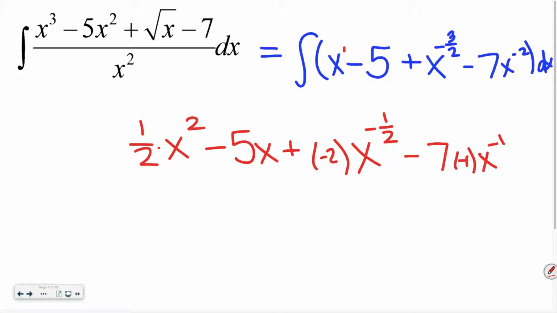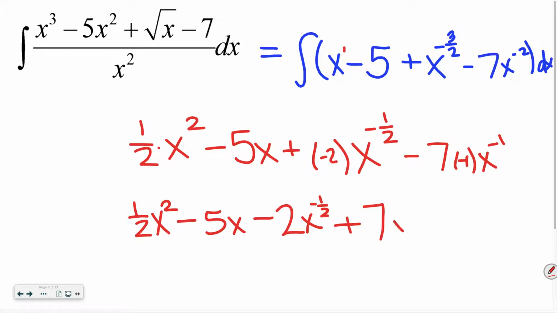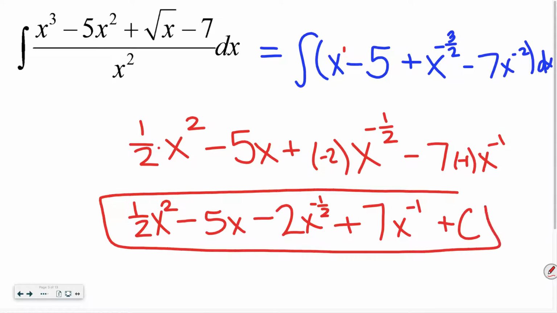So I'm going to rewrite this to make it look pretty. So 1/2 x squared minus 5x minus 2x to the negative 1/2 plus 7x to the negative first. Don't forget that. Plus c. Questions?